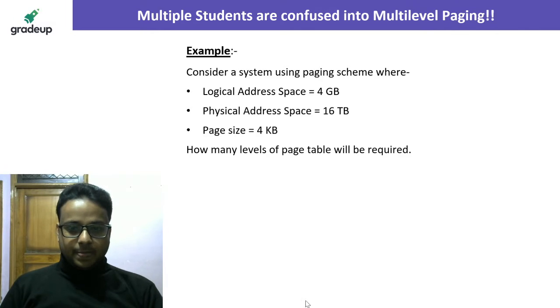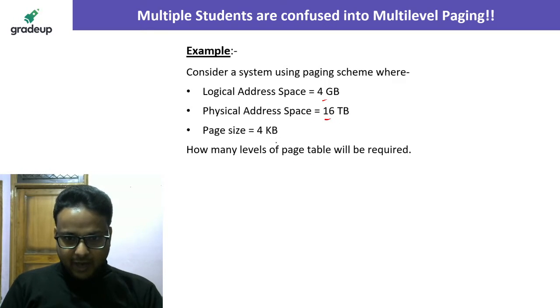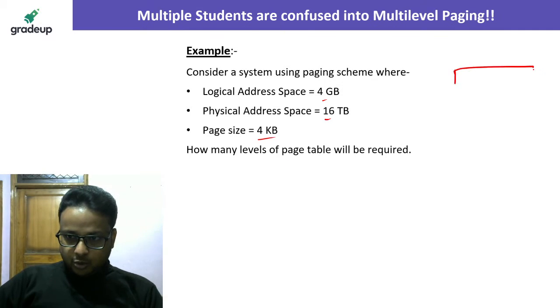Okay, now please try to understand the concept of multi-level paging. Consider a system using a paging scheme where the logical address space is 4 GB, the physical address space is 16 TB, and the page size is 4 KB. Suppose this is your logical address.